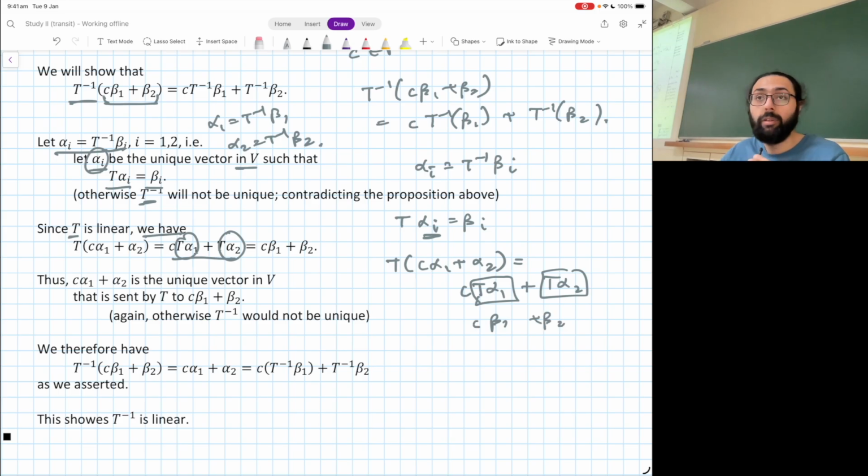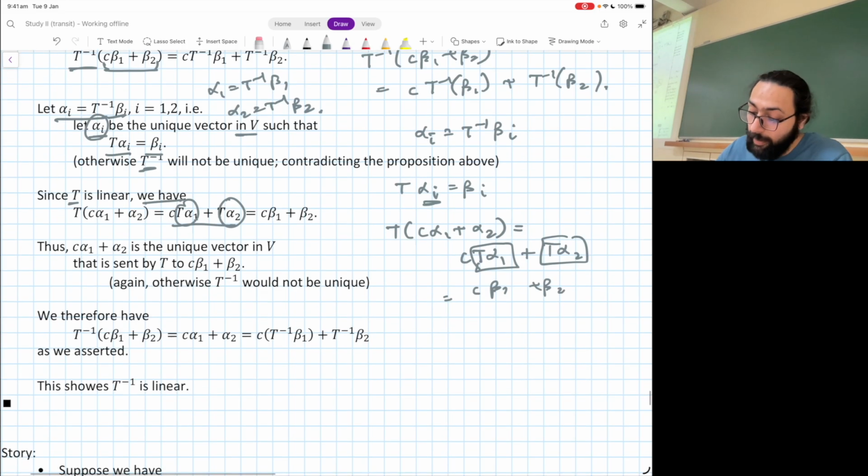So this is fine. Therefore C alpha 1 plus alpha 2 is the unique vector in V that is sent by T to C beta 1 plus beta 2. What we did is we first argued that there would be exactly one vector that would give the corresponding mapping, and then we found one vector that does give the mapping. So we know it is the only vector, from uniqueness.